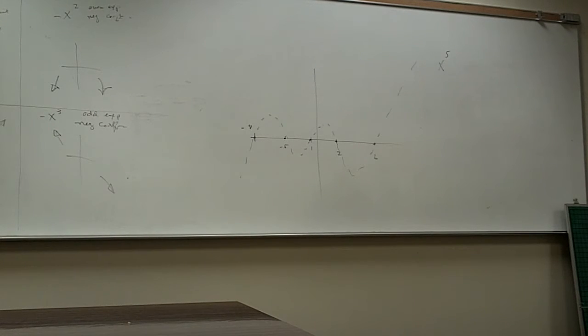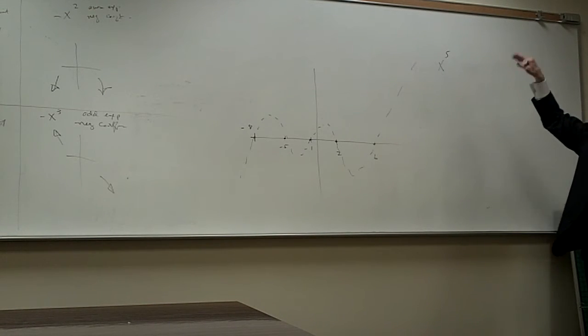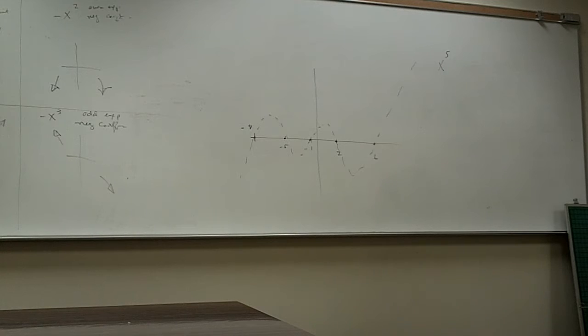It would be some other type of, possibly hyperbolic, equation rather than a polynomial. A polynomial would be y equal to x to the 5th, and so forth and so on.